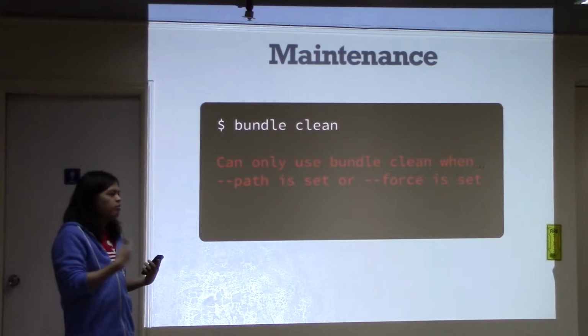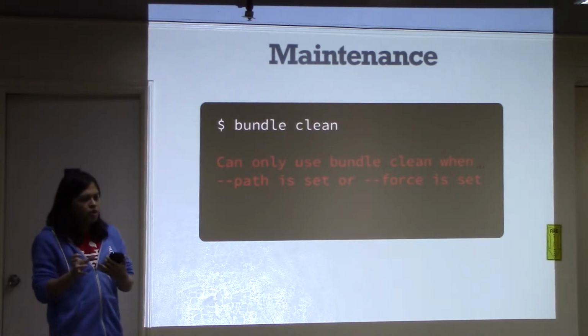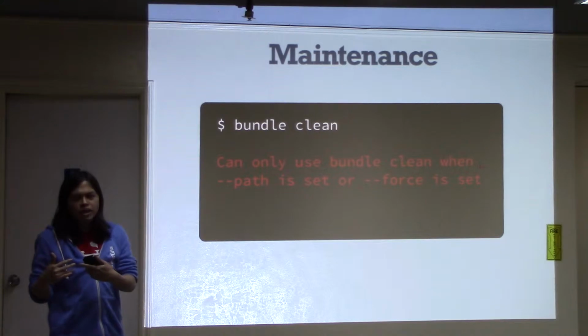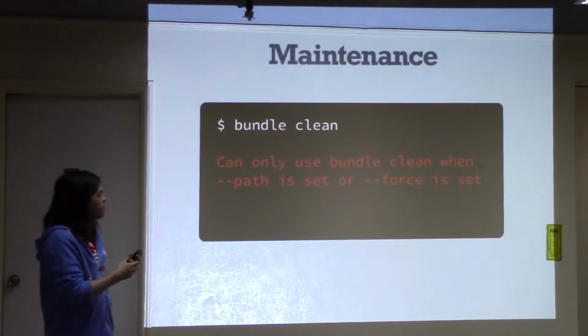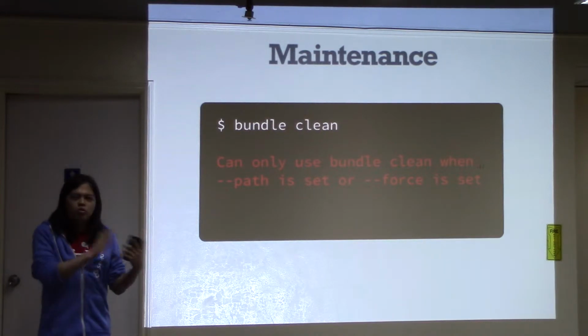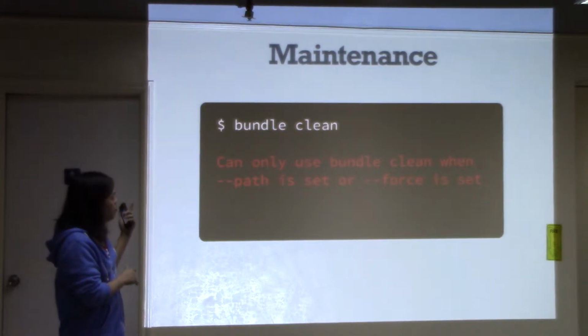Then bundle clean. Sometimes when we run bundle update, we end up having multiple versions of the gems in our system or in the bundler path. If you want to remove the older versions, this is what you want to run, bundle clean.